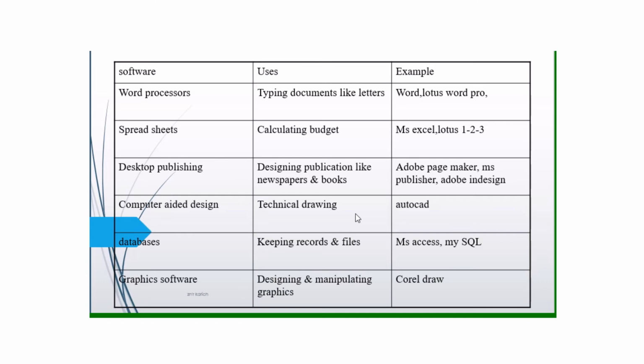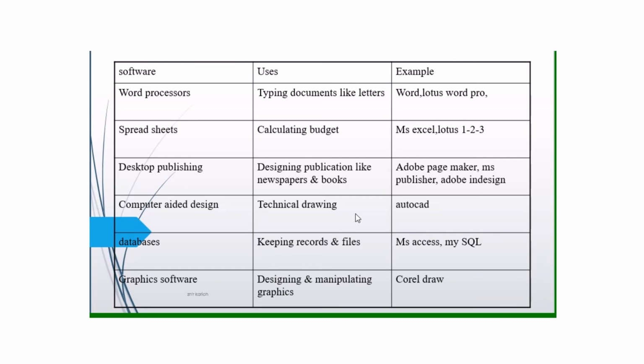We also have other software like PowerPoint, which we call presentation software. We also have animation software like Maya. We also have computerized accounting packages. We have examples like QuickBooks and Sage Pastel.